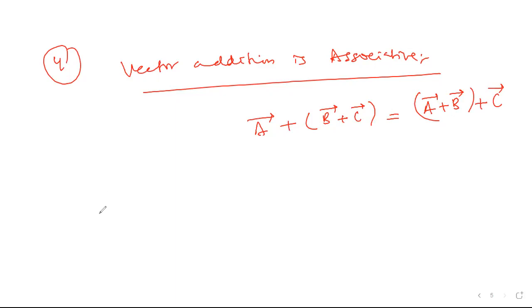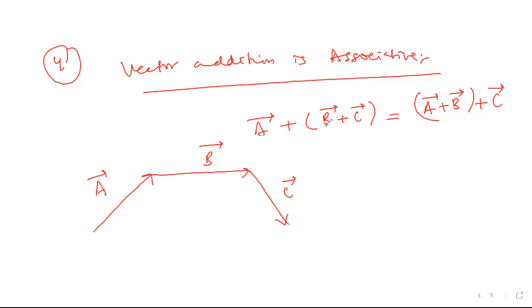You can see that graphically. If this is my A, this is my B, this is my C vector. Let me first find the left hand side.